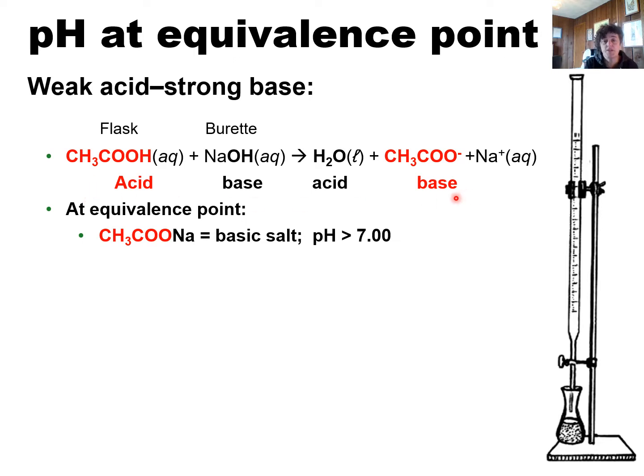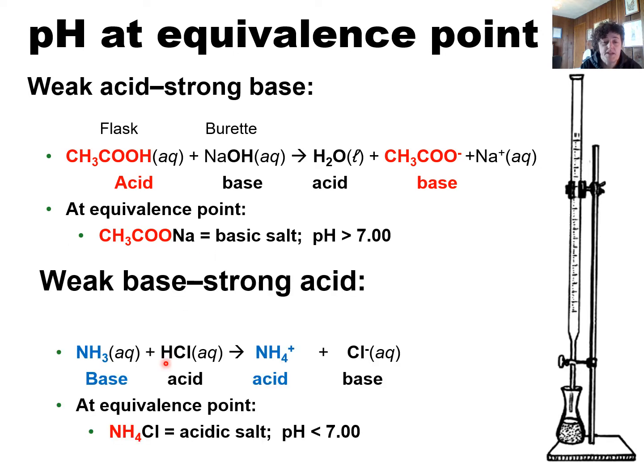Therefore, the conjugate base is relatively strong. However, the hydroxide, a strong base, has a conjugate acid, H2O, that's very weak, so it is not affecting the pH. So the pH is going to be determined by the fact that sodium acetate is a relatively strong base, therefore the pH is going to be larger than 7.